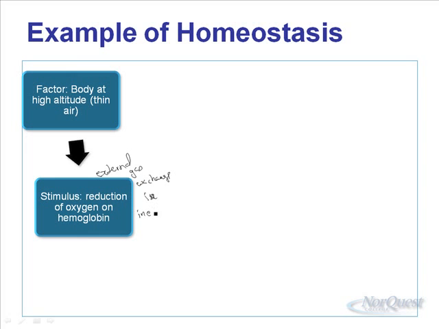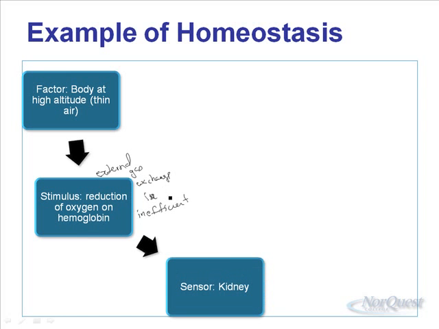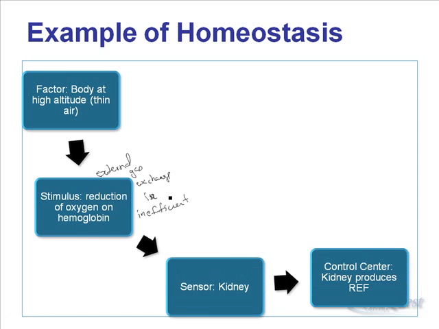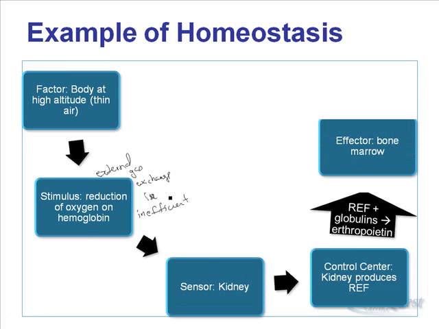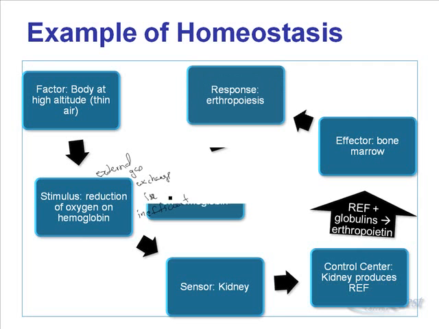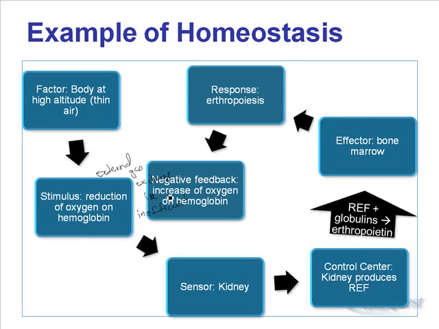So this is sensed by the kidney, that oxygen levels are too low. The kidney releases REF, renal erythropoietic factor. REF and the globulins that are already present in the blood form erythropoietin, which stimulates bone marrow to produce red blood cells, erythropoiesis. Negative feedback is this increase of oxygen on our hemoglobin.